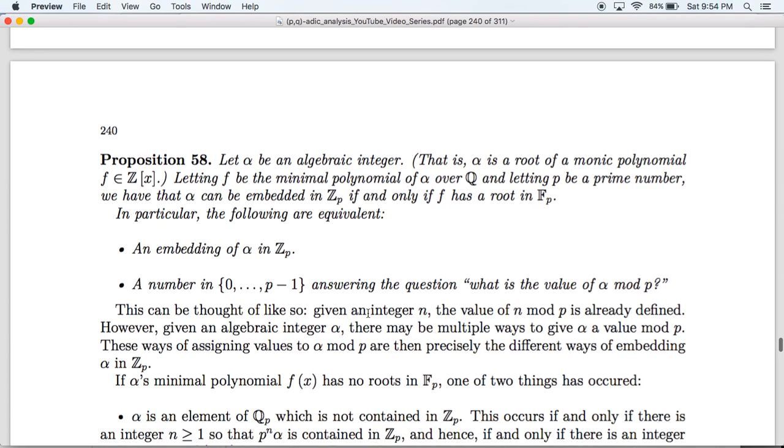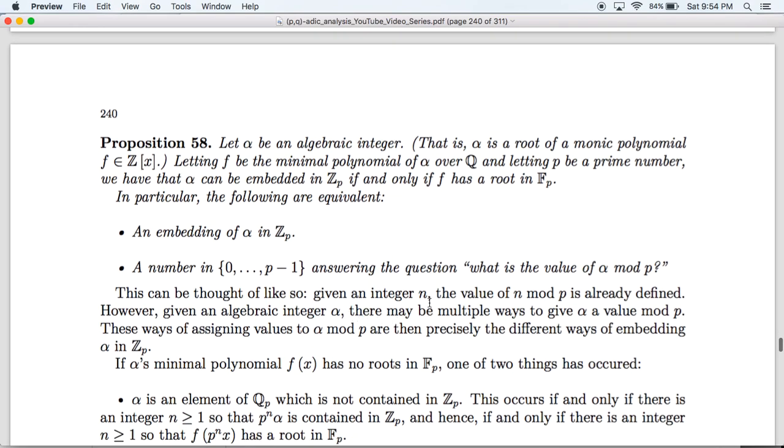This can be thought of like so. Given an integer n, the value of n mod p is already defined. However, given an algebraic integer alpha, there may be multiple ways to give alpha a value mod p. These ways of assigning values to alpha mod p are then precisely the different ways we can embed alpha in Z_p.